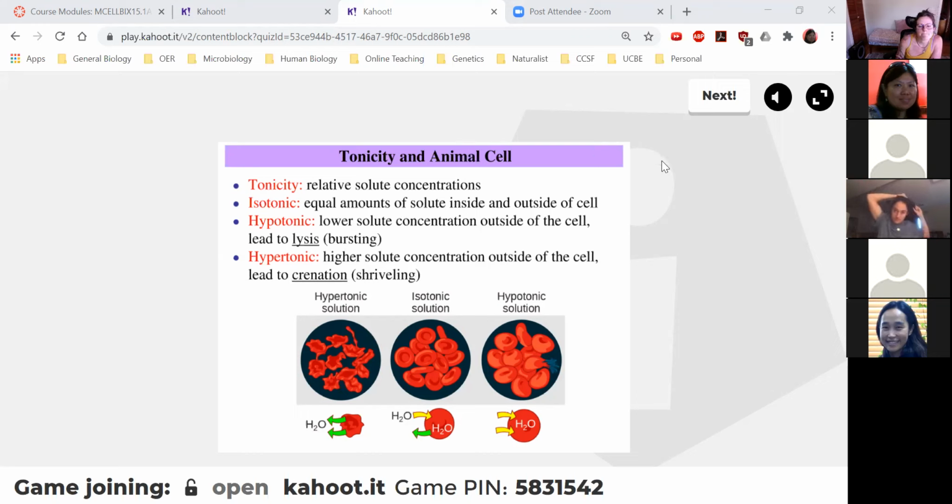So let me see. Anina was asking something about the extracellular fluid having more water than solute concentration. If you go into physiology, I do have one of the slides to show you. Inside the cell you have the cytosol, which is water-based, and outside of the cell you have the extracellular fluid, which is also water-based.